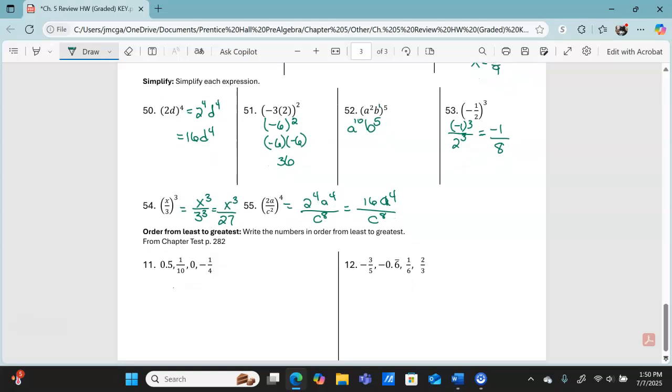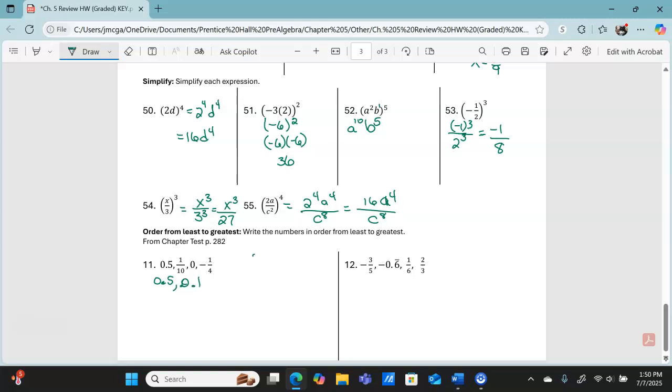And then these two come from the chapter test on page 282. Writing them from least to greatest. You've got fractions and decimals here. You've got to have them all one thing. It's easier to convert your fractions to decimals than it is your decimals to fractions. So 0.5, 1/10 is going to be 0.1.